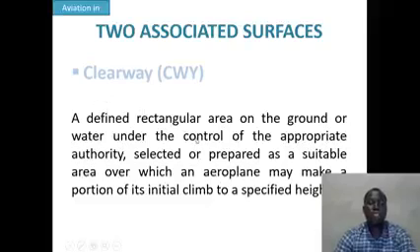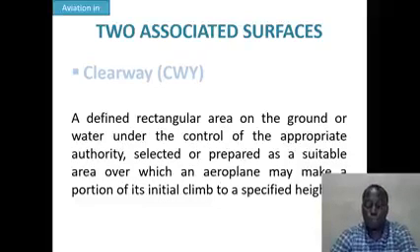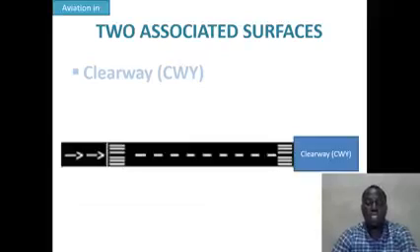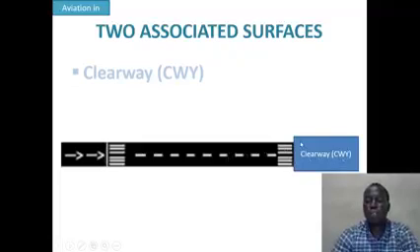The clearway is a defined rectangular area on the ground or water under the control of the appropriate authority, selected or prepared as a suitable area over which an airplane may make a portion of its initial climb to a specified height. And you see on this illustration that the clearway origin starts here at the end of the takeoff run available.